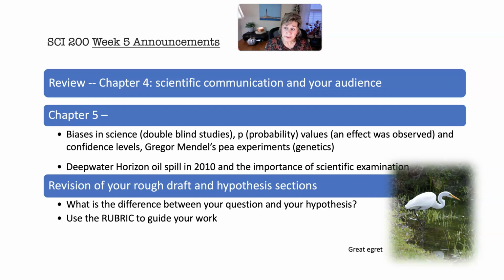Use the rubric to guide your work, because that tells you everything that you need to include, which is all the parts from the paper in week 4. Remember, I've said before that this is building your paper as we go. So you're adding more and more sections, and you're revising as you go too. So use that rubric to help you.